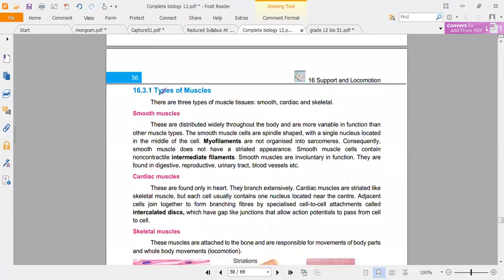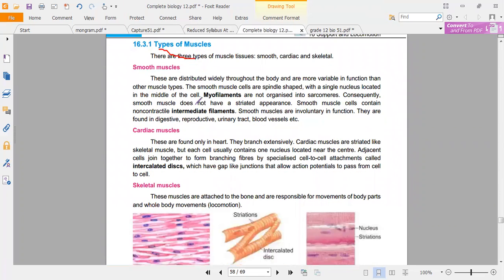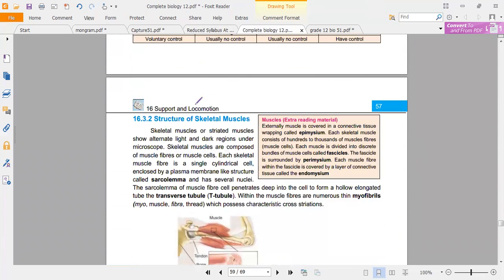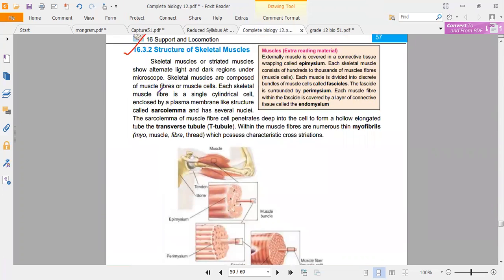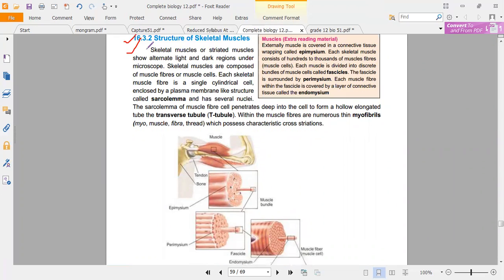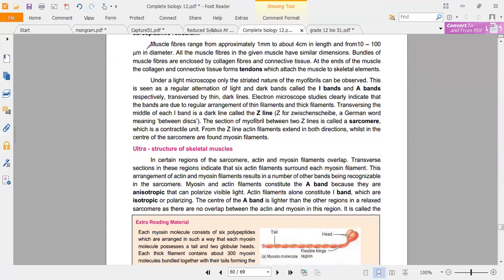What comes next? Muscles, types of muscles: smooth, cardiac and skeletal muscles. Okay, the structure of skeletal muscles. When you understand this structure of muscles, then you can go to ultrastructure of muscles. So you have to learn structure and ultrastructure.